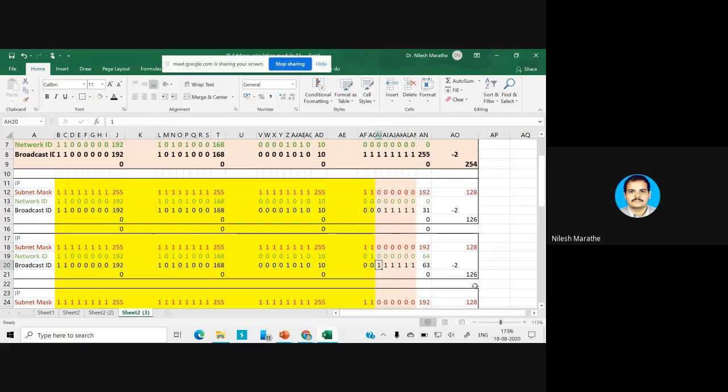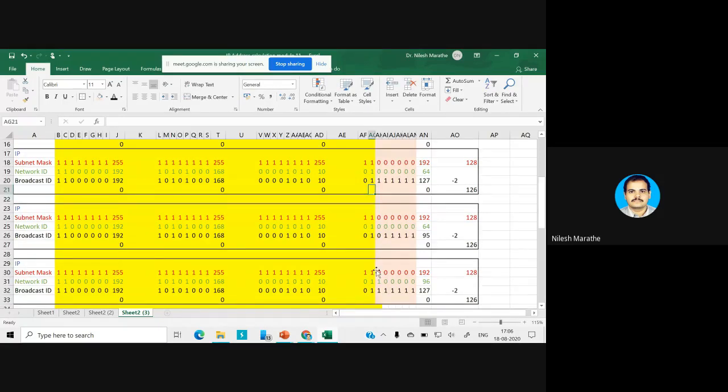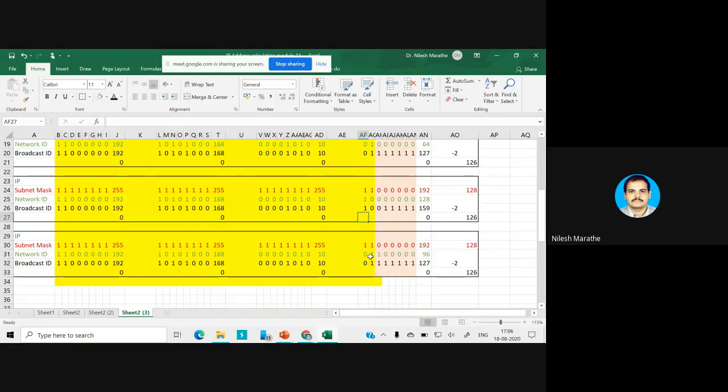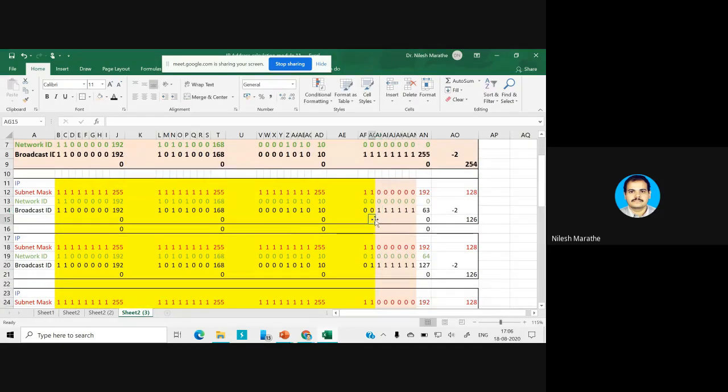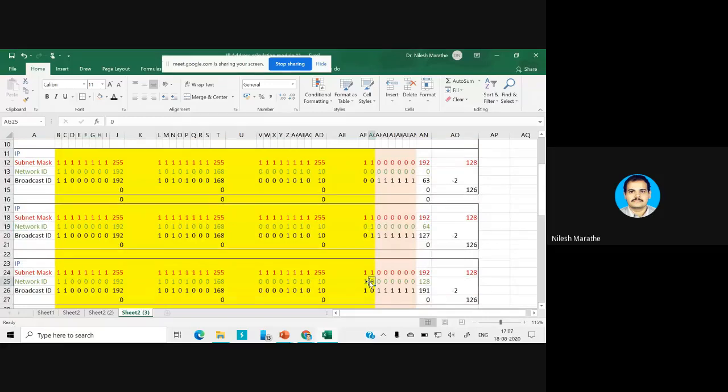All other bits should be 0, and here it should be 1. Any doubts? 0 0 0 1 1 0 1 1.